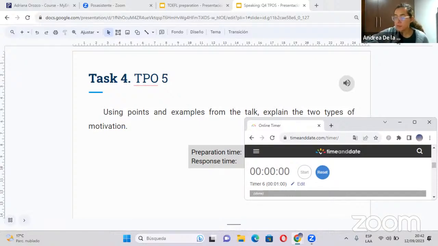So my only advice would be to always make sure that you are looking at the clock constantly as you finish ideas. And when you have more than one definition, you don't need to mention them all. For example, in intrinsic motivation, you said when the motivation comes from within ourselves, from inside ourselves. I would stop there, depending on how much time you have. But you continue to explain, giving other definitions.